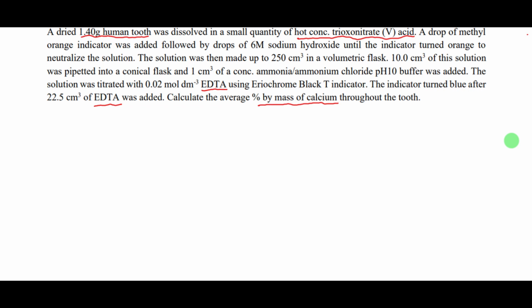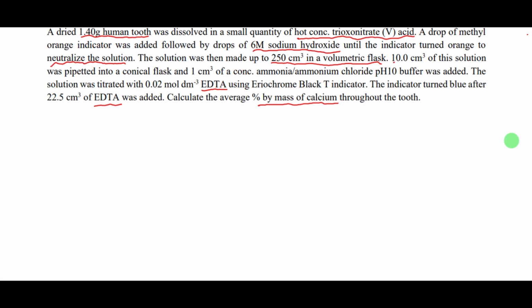That's why a 6 molar sodium hydroxide solution was also added to neutralize the solution, to ensure that the solution of the human tooth is neutral, right? And then this solution was made up to 250 cm³ in a volumetric flask, which means that 1.40 grams of the human tooth was present in 250 cm³ of the volumetric flask.